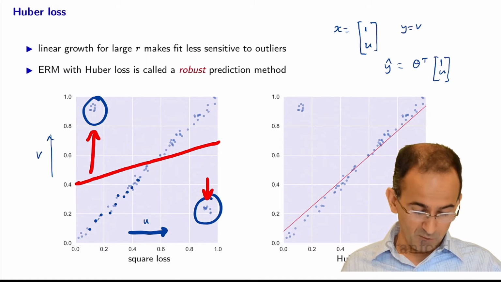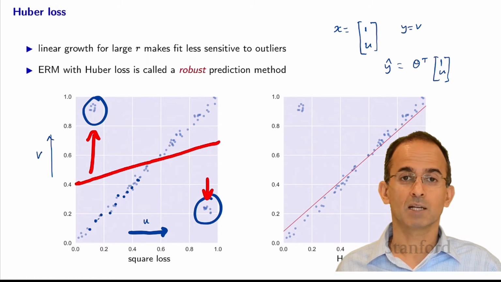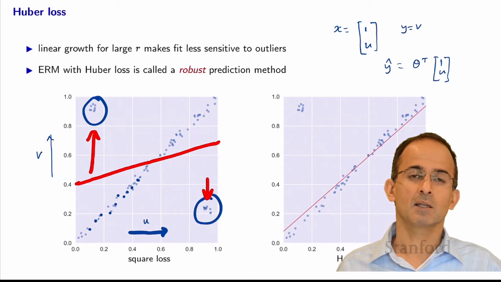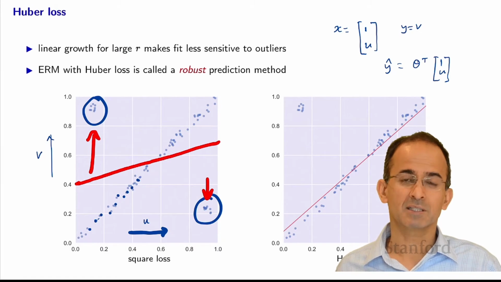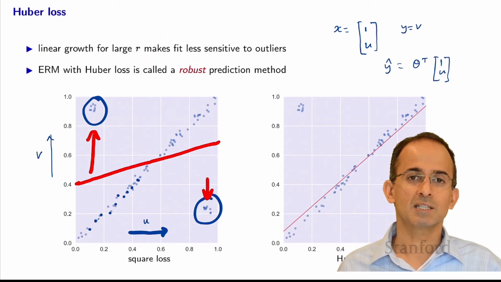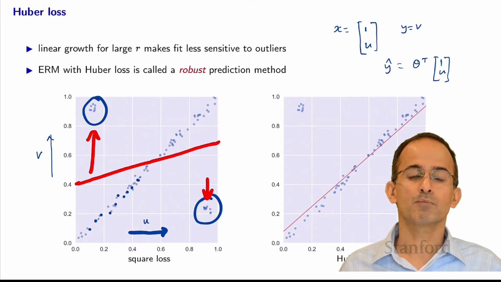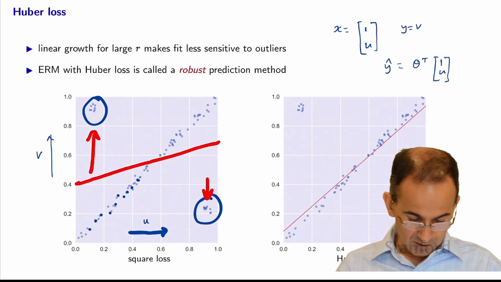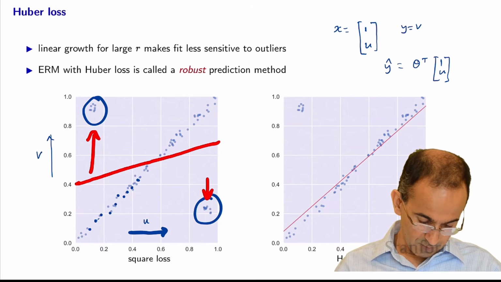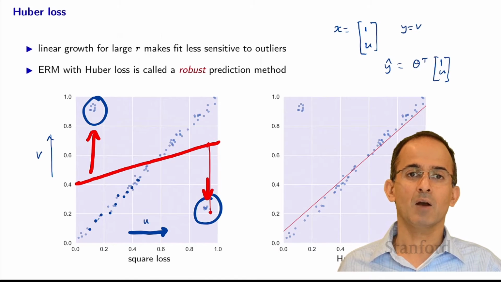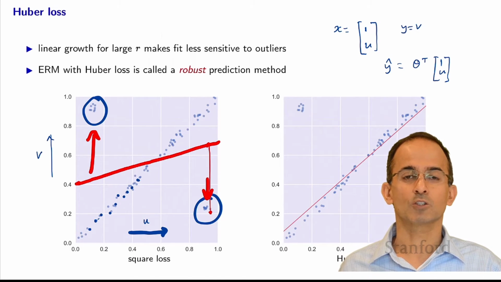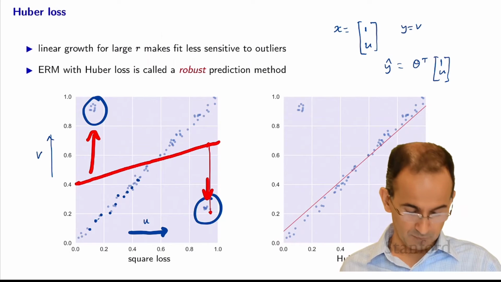And as a result, even though we've got many more data points that are not outliers than data points that are outliers, what matters is the square of the distance between the predicted value and the actual data point. And so it's the square of the distance between a data point down here and the predicted value up here. That distance squared is how much that data point is going to contribute to the empirical risk.